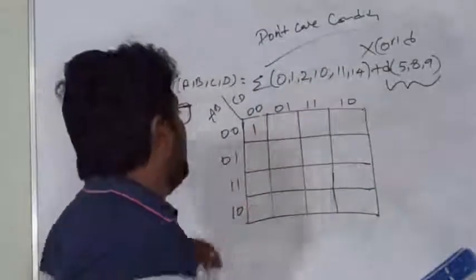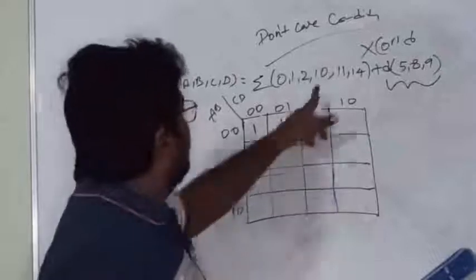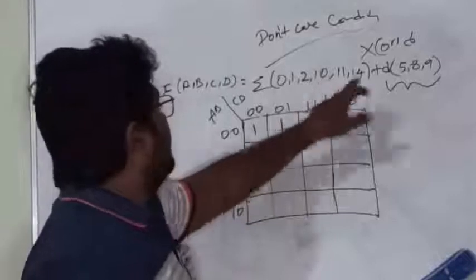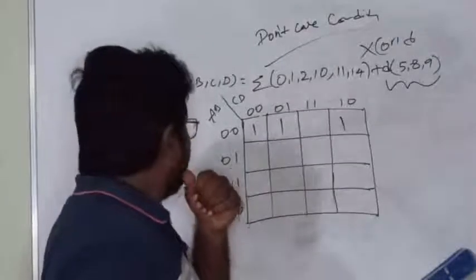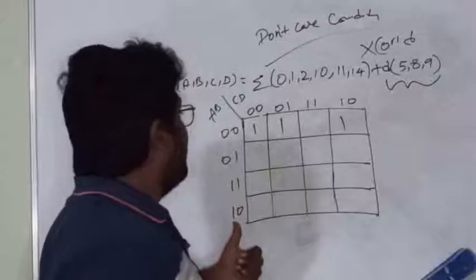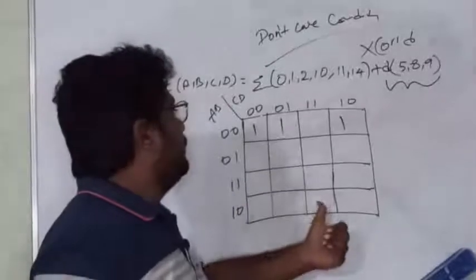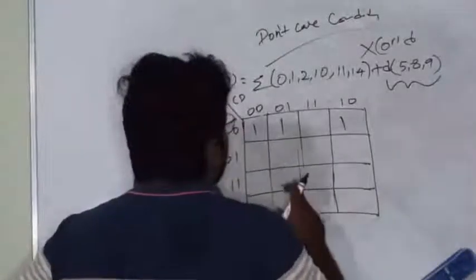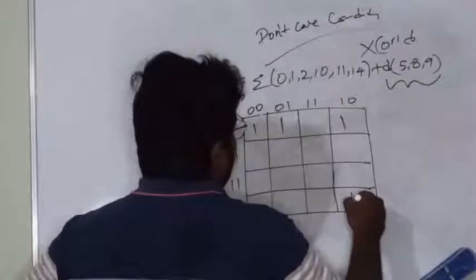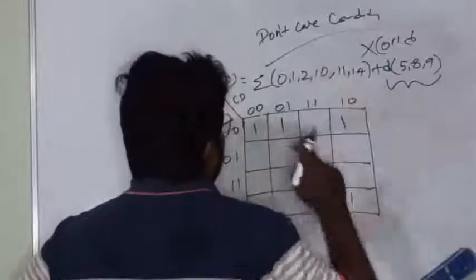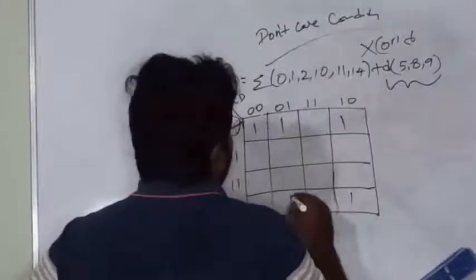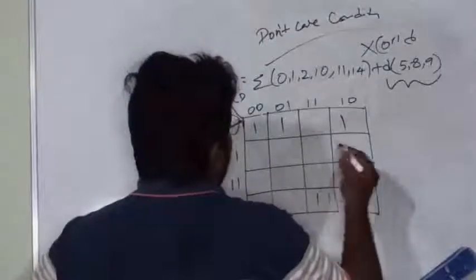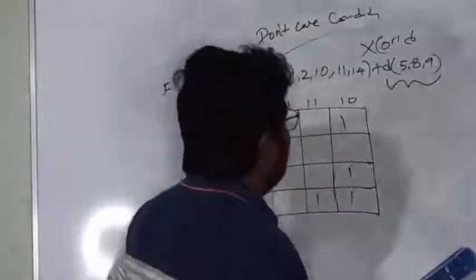Next is 1, which means 0 0 0 1. 2 means 0 0 1 0. Next is 10, which means 1 0 1 0. 11 means 1 0 1 1. 14 means 1 1 1 0.